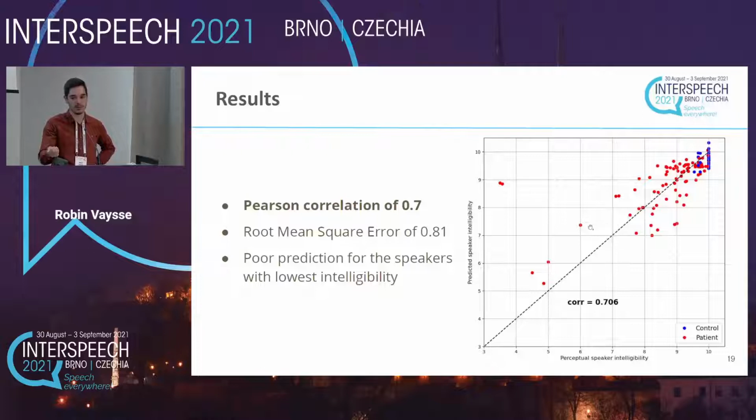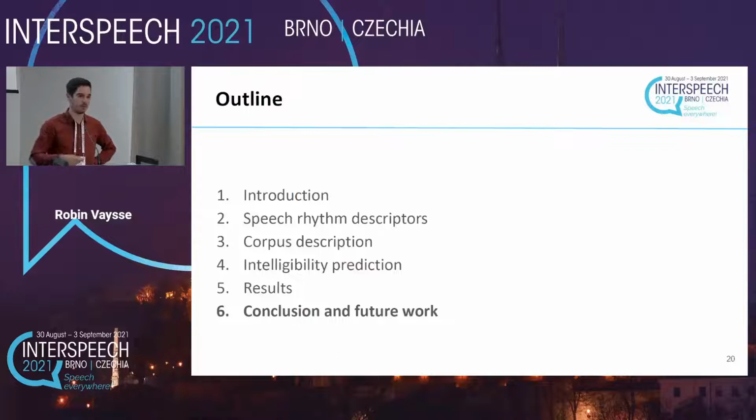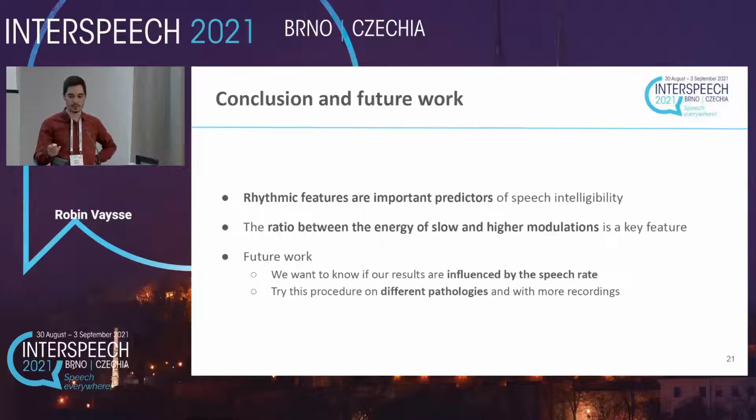We have a good Pearson correlation between our prediction and the perceptual intelligibility, and also a good root mean square error of 0.8. We can also notice that for the two speakers with the lowest perceptual intelligibility, we had a poor prediction, but we don't really know why for now. We have to make more experiments on this.